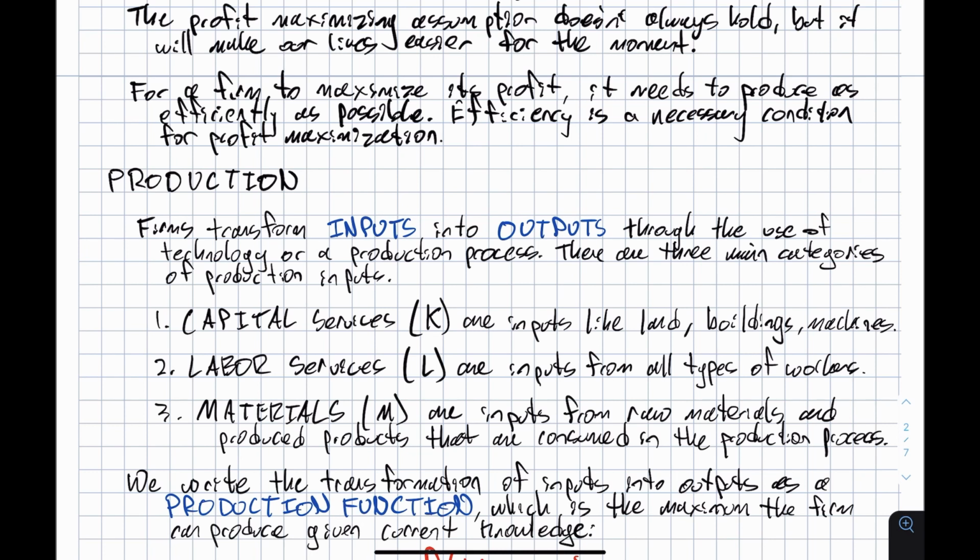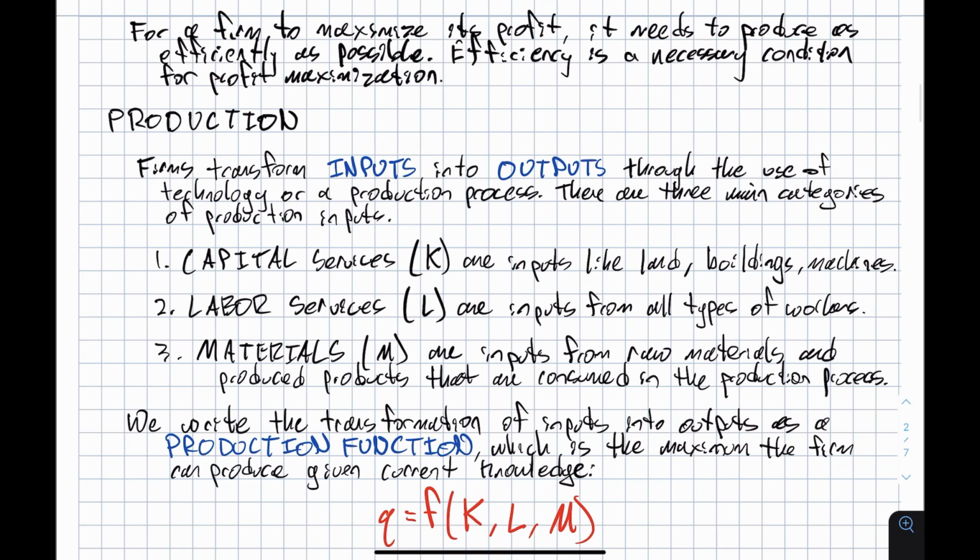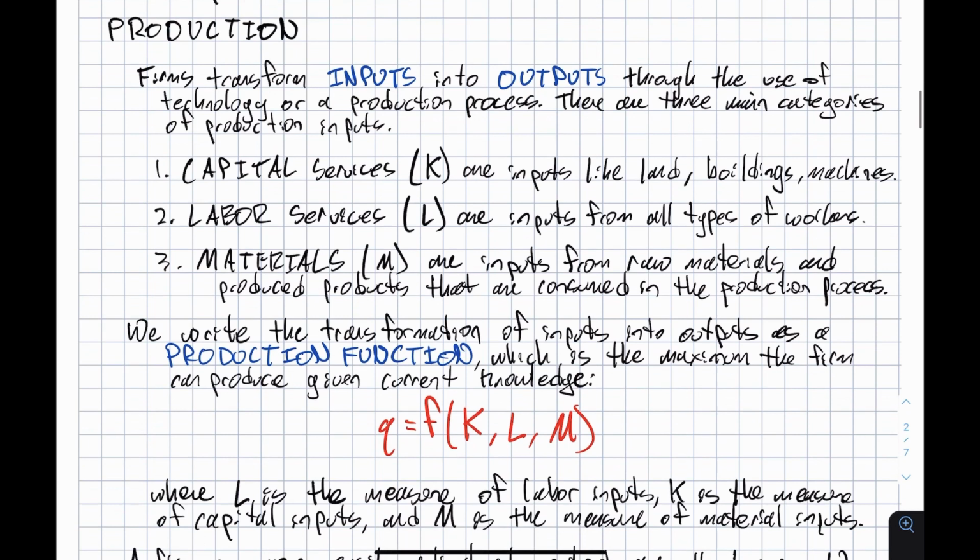This simplifies our lives quite a bit when we model firms. But when we think about firms' profit maximization decisions, what's required is that firms are producing efficiently. So they're not throwing away resources. So in the background, we think that firms are aiming to be as efficient as possible.